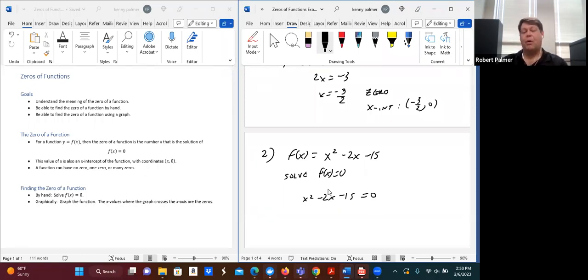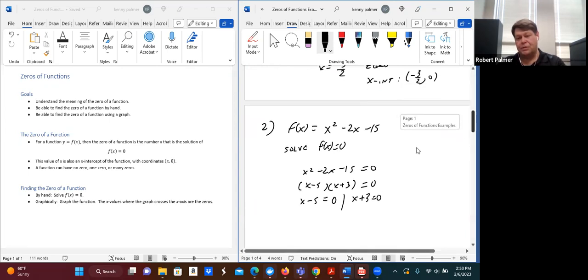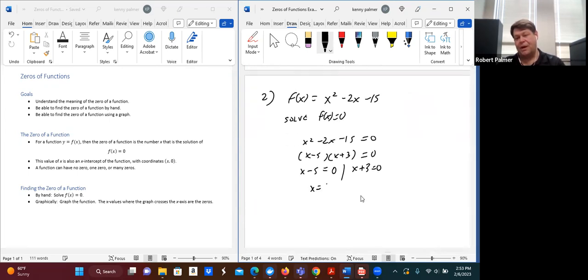So I have to solve a quadratic equation. Now this one is actually one you can factor, but you can always use the quadratic formula. This one will factor into x minus 5 and x plus 3. And so set each factor equal to 0. Then our solutions are x equals 5 and x equals negative 3.